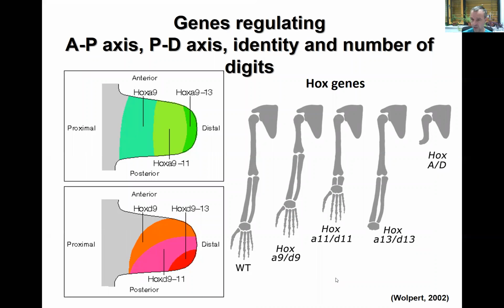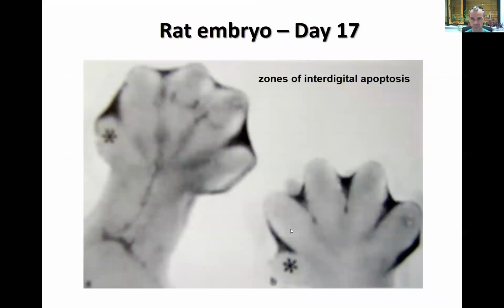There are many genes which are responsible for that, but all of them belong to the Hox genes family, and they are responsible for different kinds of anterior-posterior growth and proximo-distal growth, and they are responsible also for the identity and number of the digits, which are 5 in mammalia.